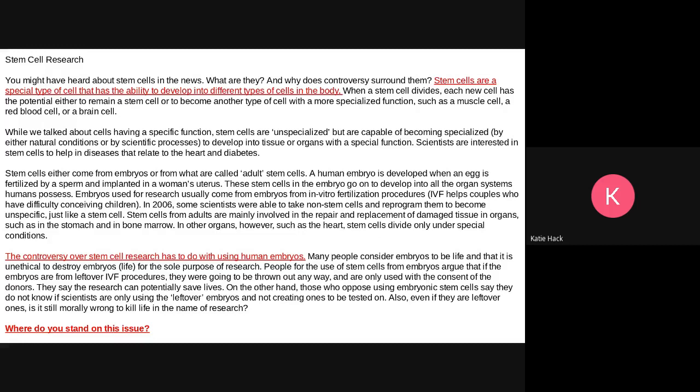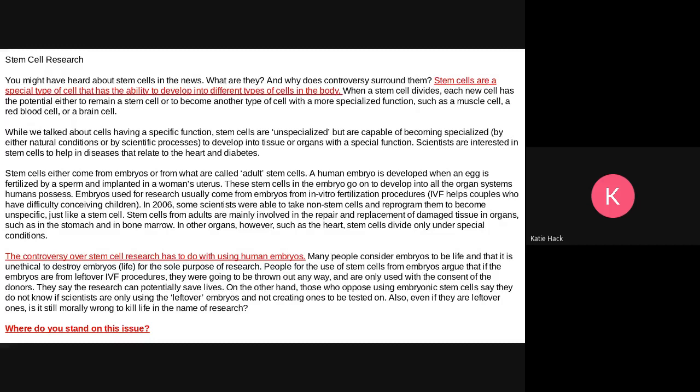So have you heard of IVF? Of what? IVF. So women that can't have children, what the doctor does is they'll remove some of their eggs and put them in a dish with sperm, and then they'll become fertilized. And that becomes an embryo. So when the sperm and the egg meet, it becomes an embryo, right?